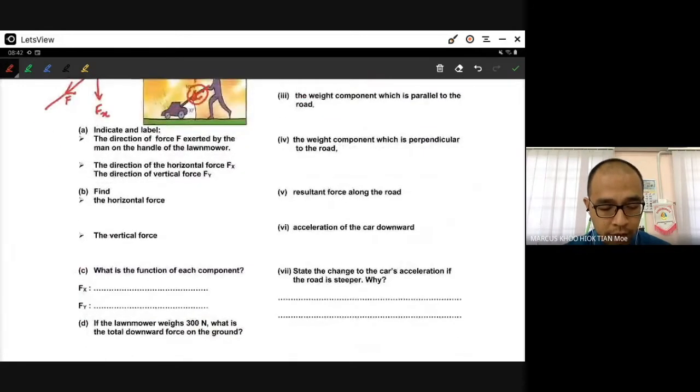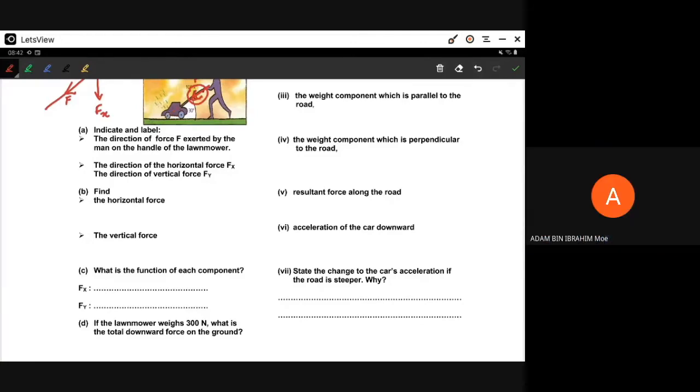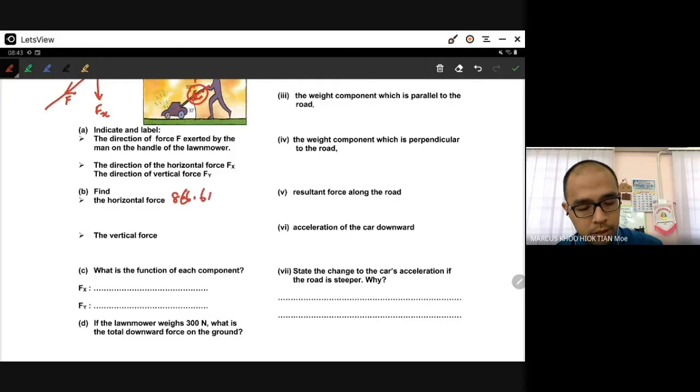All right, find the horizontal force. Can I have Adam, please, for this? 86.6 Newton. Can you tell me how you got that?